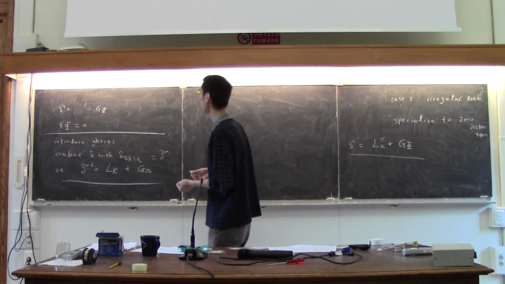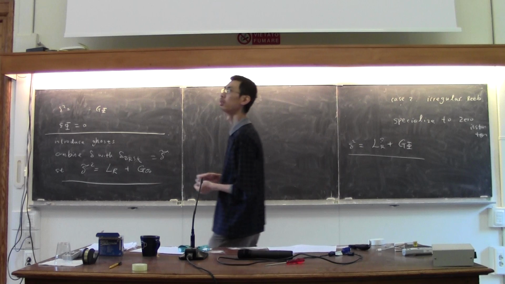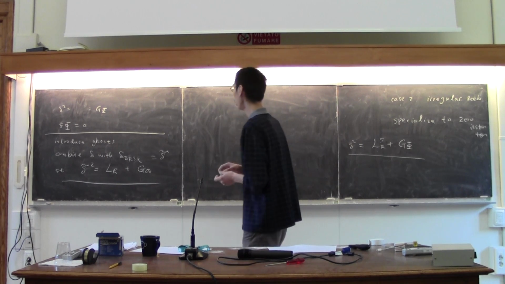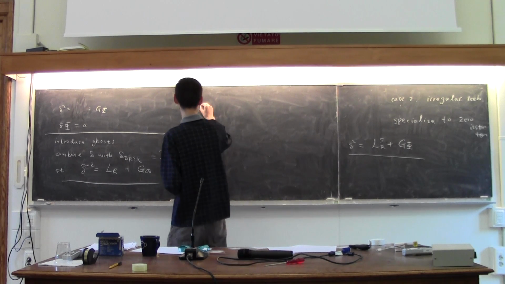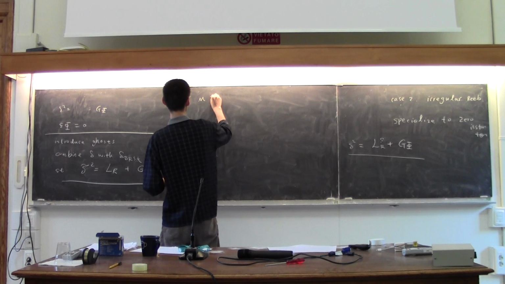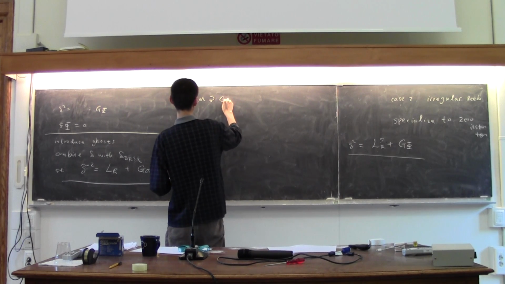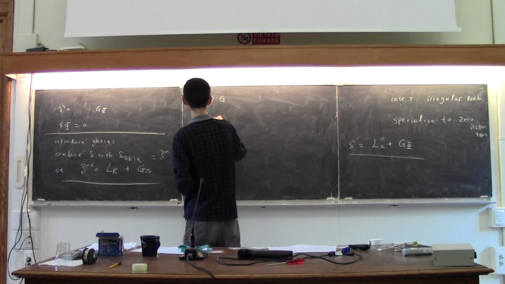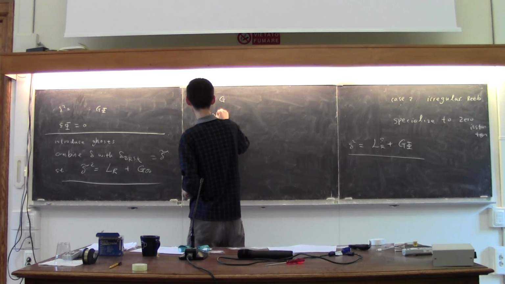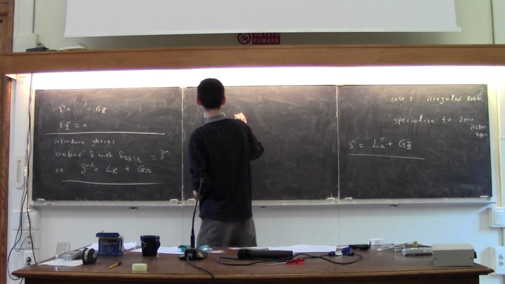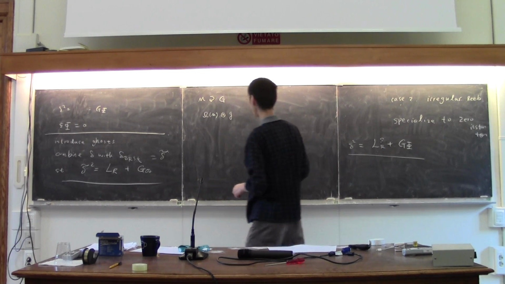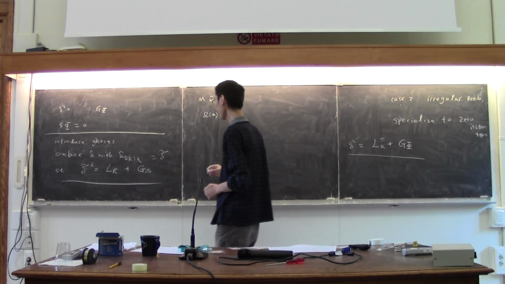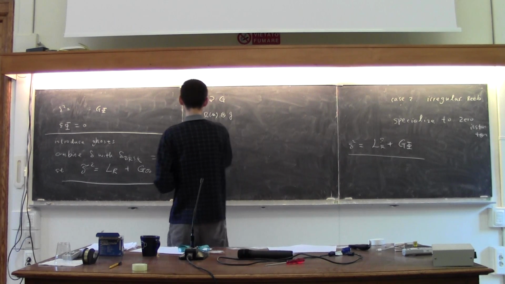So let's say on a manifold M you have a group G acting. Now consider differential forms on M, but now you enlarge it with the Lie algebra of G, and then you can define the differential delta, which we call the Cartan differential.